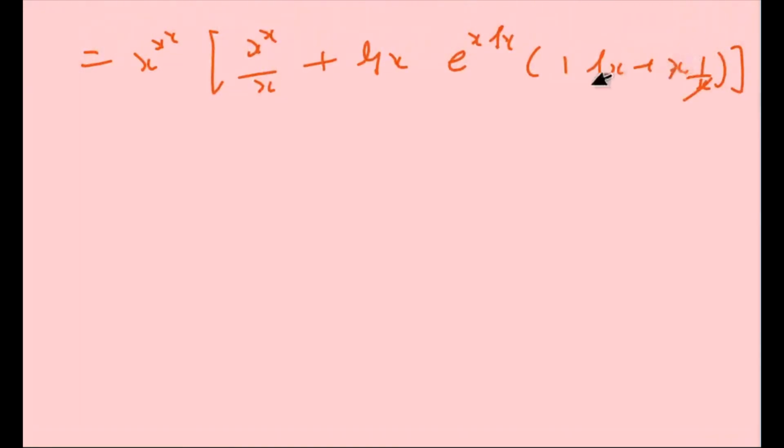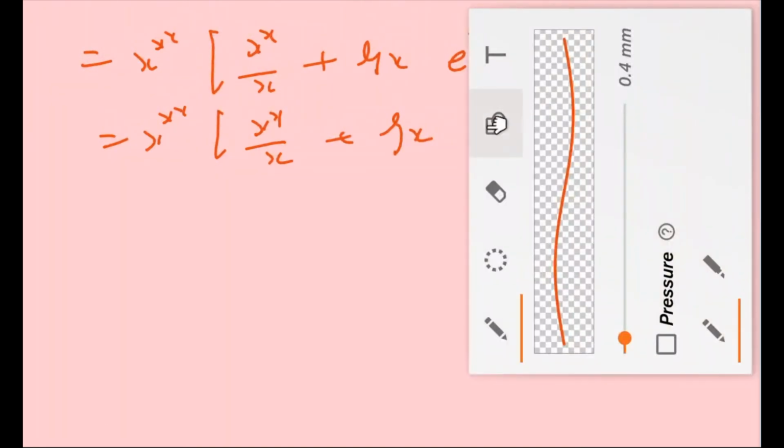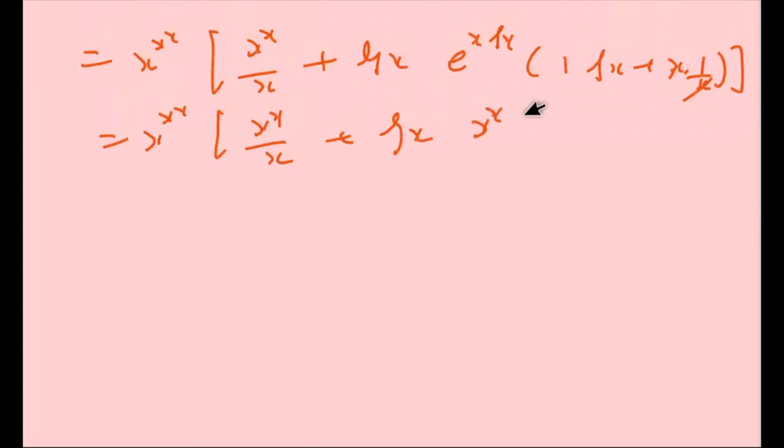This x is cancelled, and opening this, we can write here again x to the power x, here is log x plus 1.